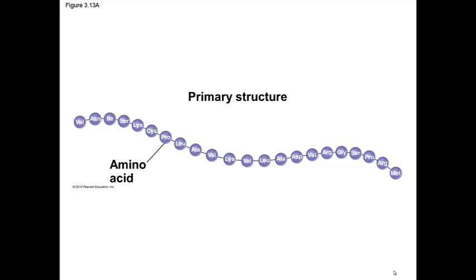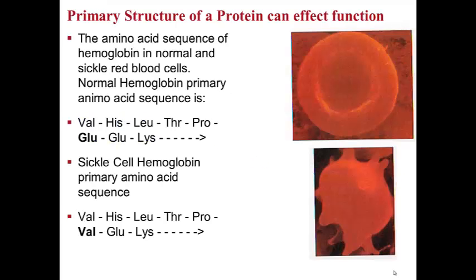And here's why this is significant. Here's the amino acid sequence of a piece of the hemoglobin protein. And here we see the abbreviations for individual amino acids. But in sickle cell anemia, one amino acid is different in the structure of hemoglobin, and that leads to a non-functional hemoglobin and results in sickle cell blood cells.